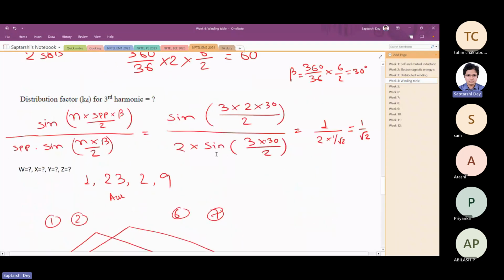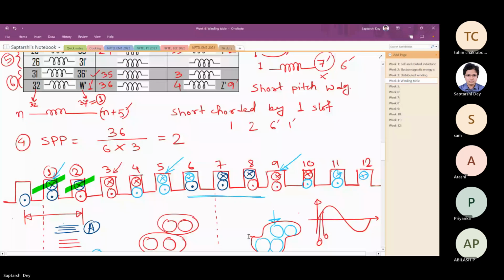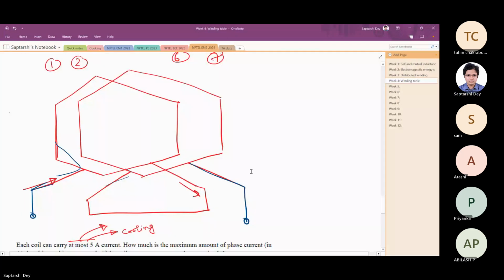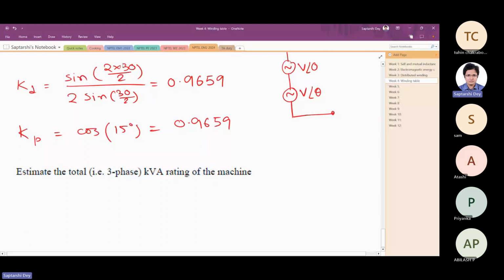Now there are 6 phase groups. Question is, how much is the maximum phase voltage we can have? Again, phase groups are under similar magnetic situations, so they will be in phase.